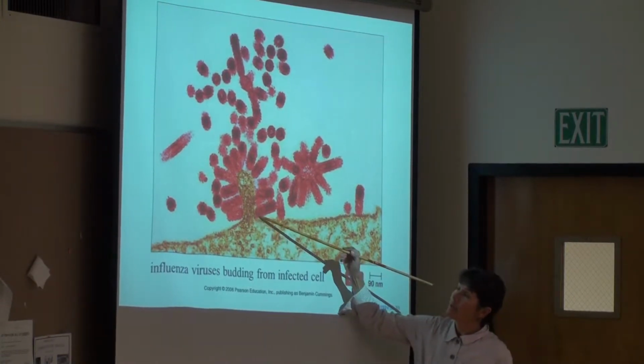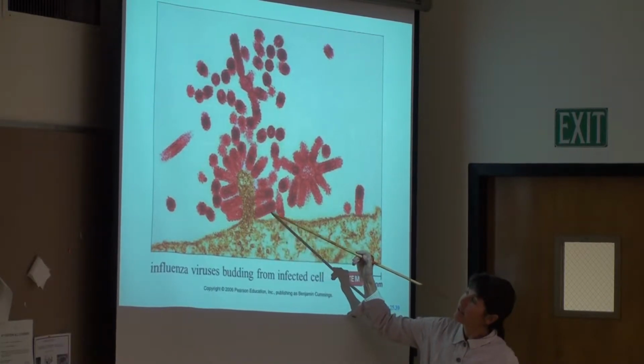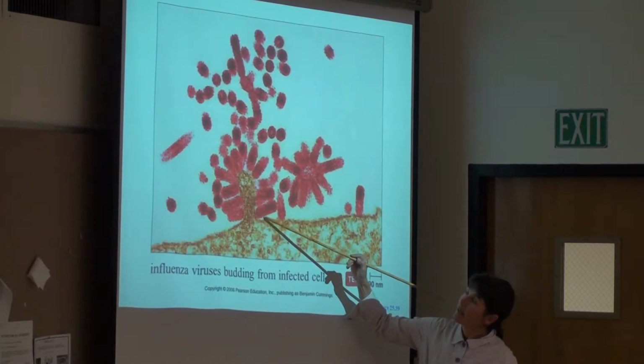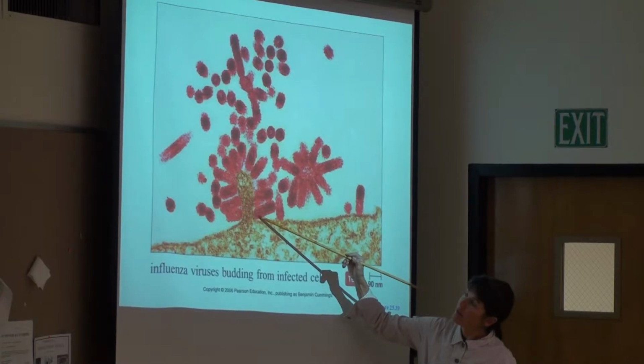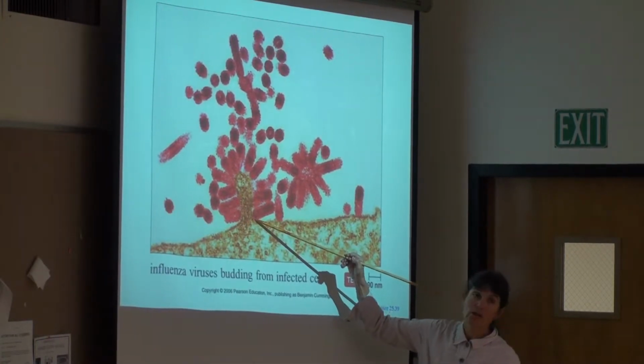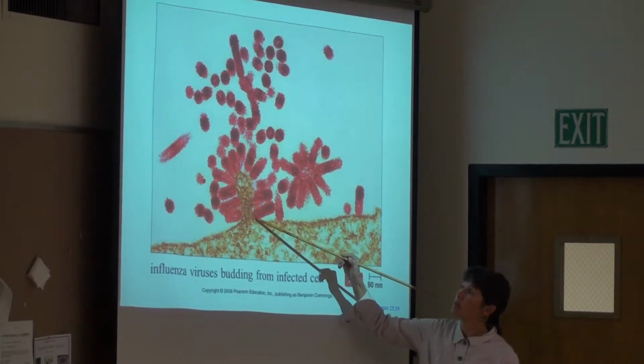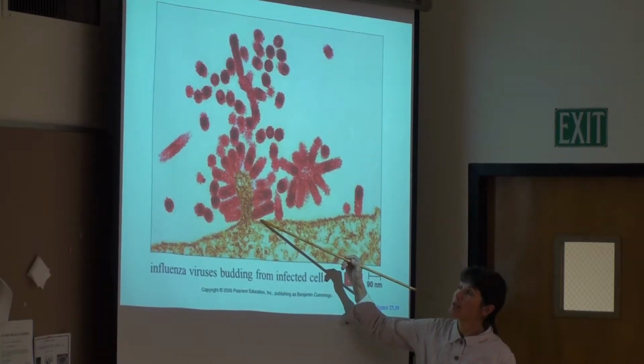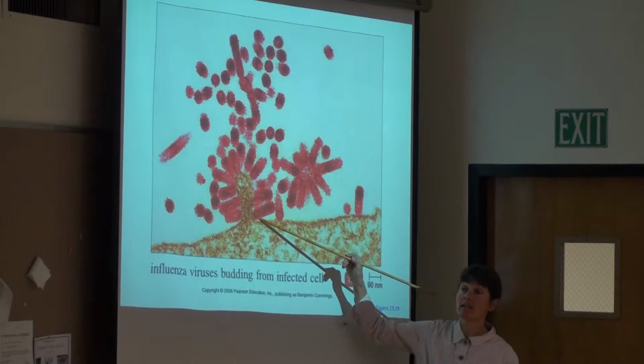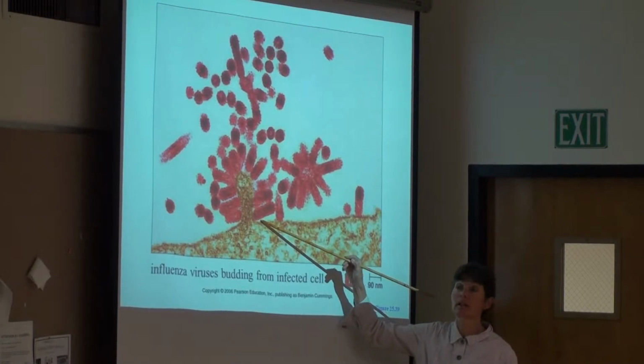There's also the possibility, like with this little guy right here that's budding away, that his hemagglutinins, in theory, could bind back onto the host cell here. So it's possible that neuraminidase is also hydrolyzing some of the sialic acid in the area where the viruses are budding from.